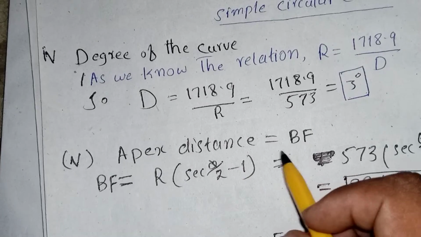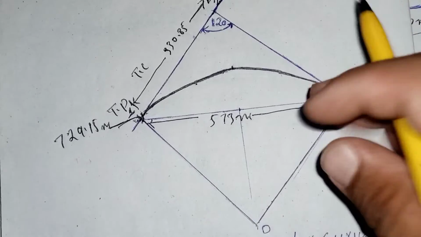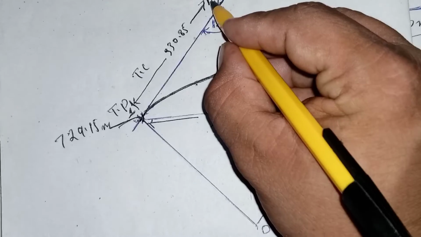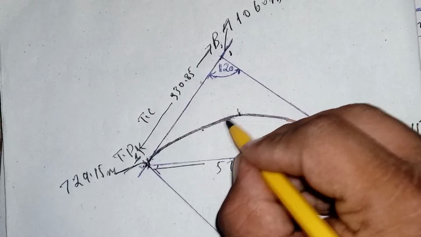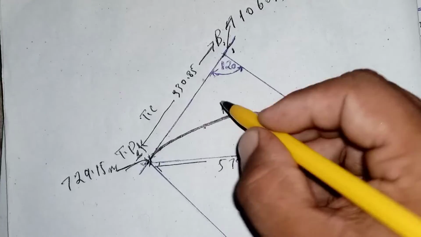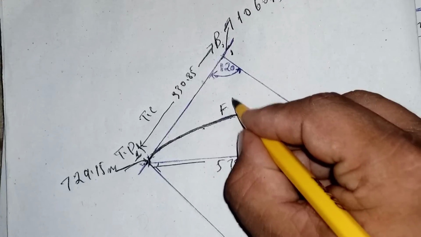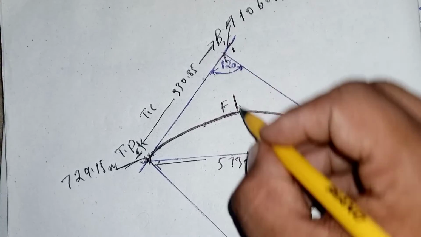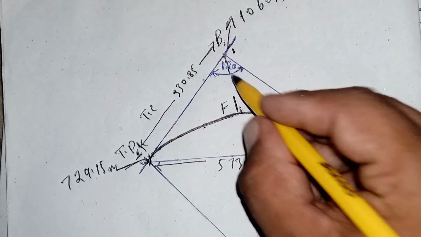Apex distance. Suppose the apex distance is BF. This is the point B, and this is the point F, the midpoint of the curve. So the apex distance is the distance from the intersection point to the midpoint of the curve.